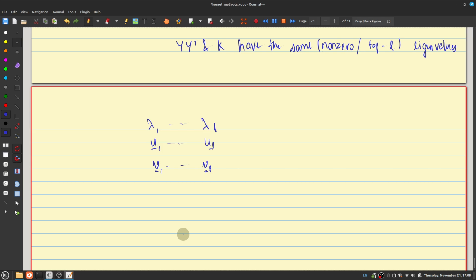Now, in general, what's the purpose of dimensionality reduction? Given a new vector, I want to be able to find the projection onto this lower dimensional subspace. So what is that projection?